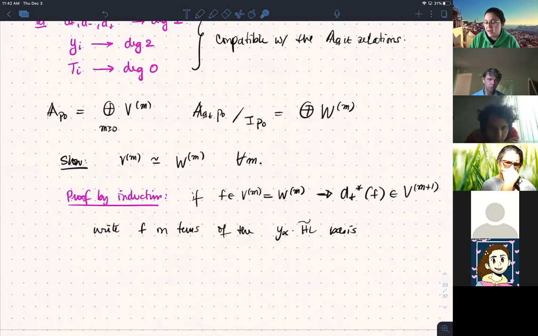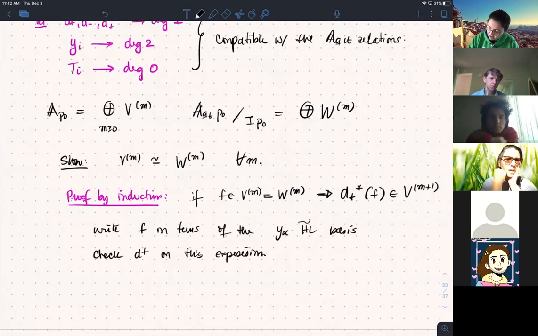So you can write this generically in terms of this basis because it's a basis. And then you just check D plus on this expression, and it devolves into a case-by-case proof. It's not very exciting.